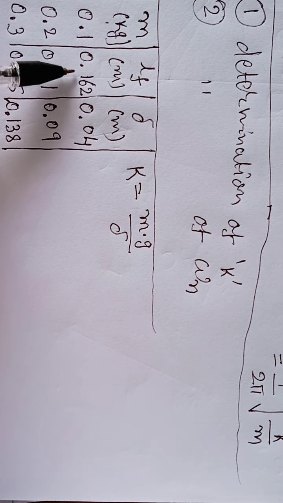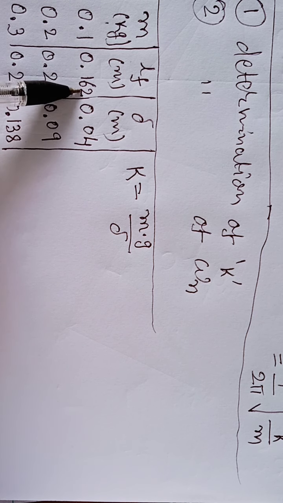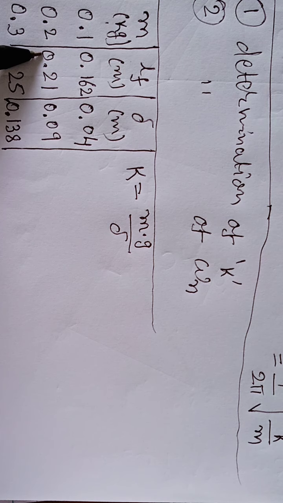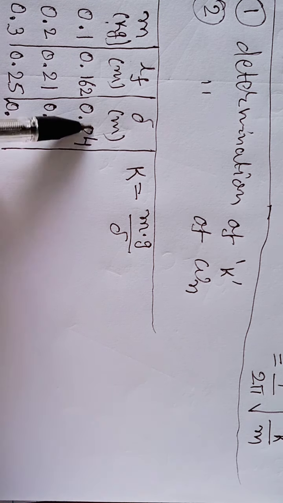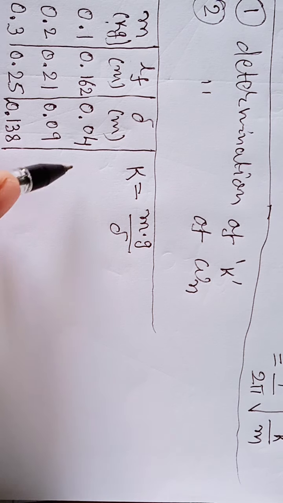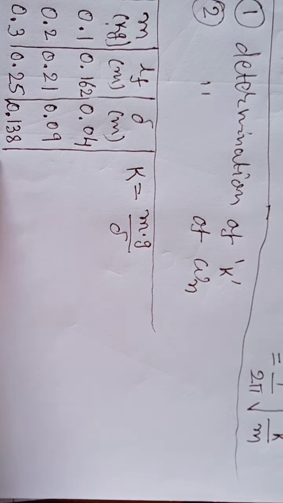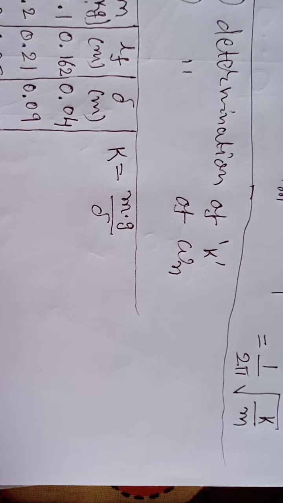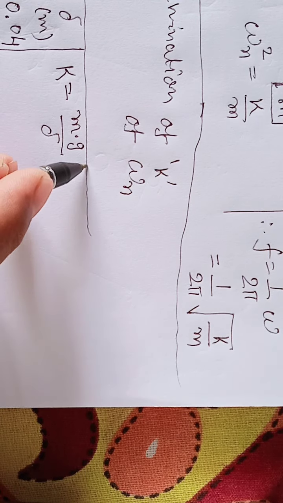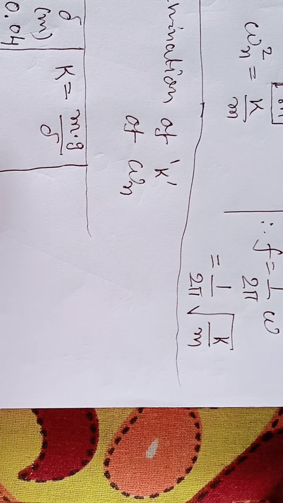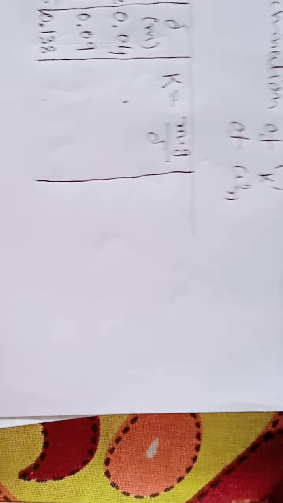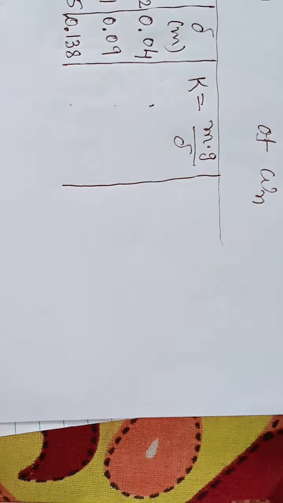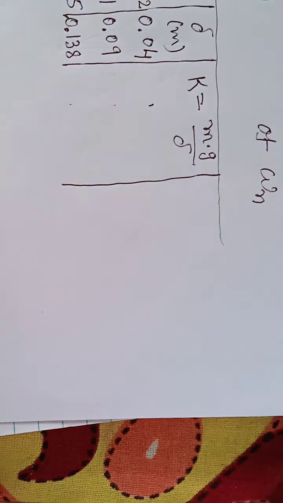So 0.162 minus 0.12, 0.21 minus 0.12, 0.258 minus 0.12. These are the answers, and from here you will get a stiffness value. You can easily calculate this, and all these three are almost the same, or very near to each other.